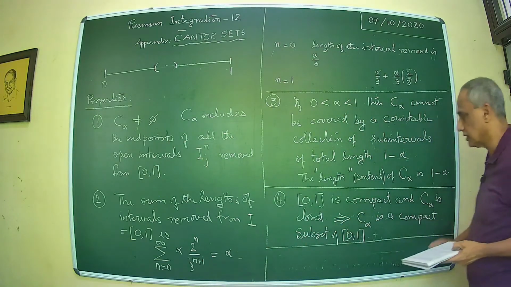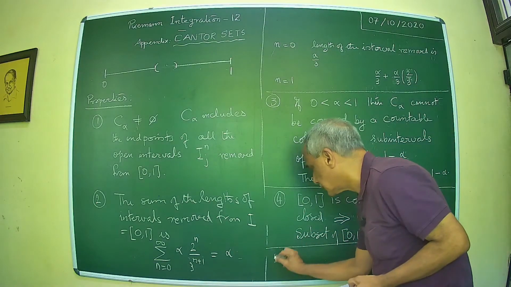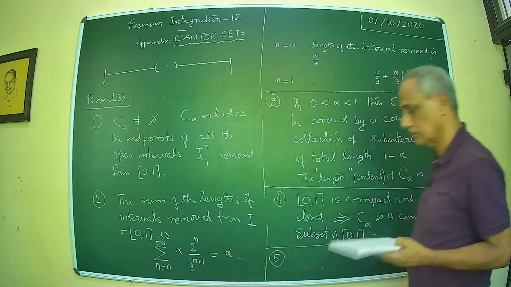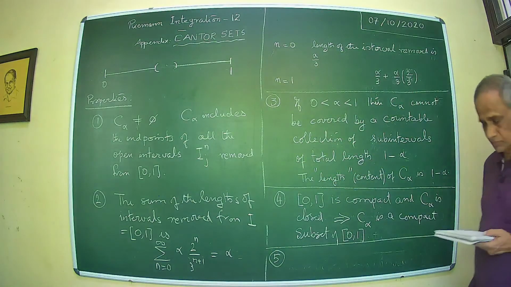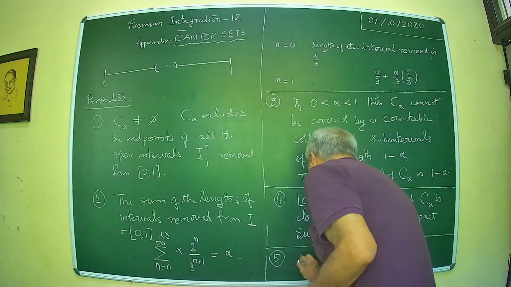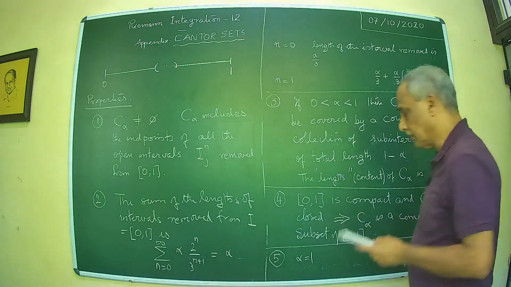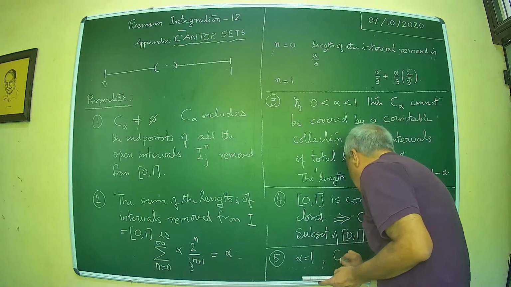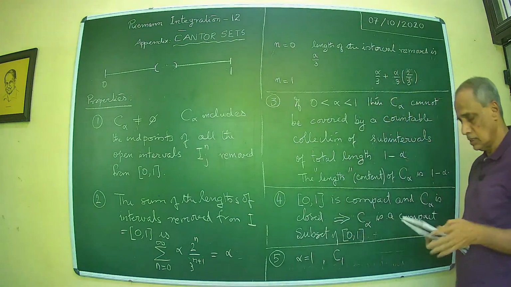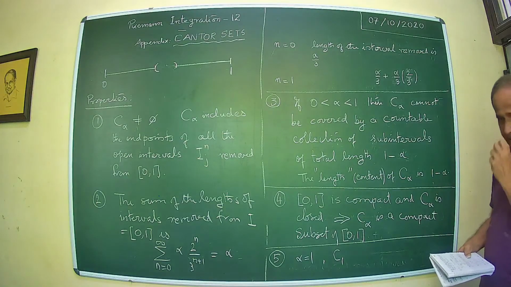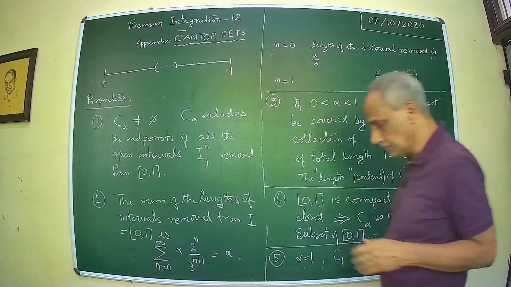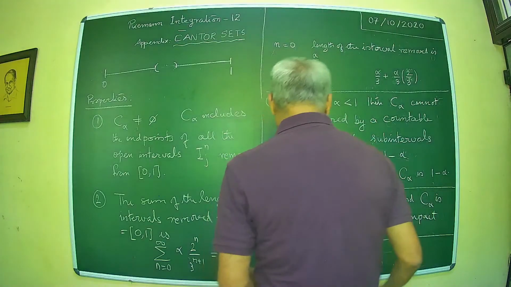Now the fifth observation we make is the following. Take the special case alpha equal to 1. For alpha equal to 1, you have C1. Now what we can show is that C1 is a null set.